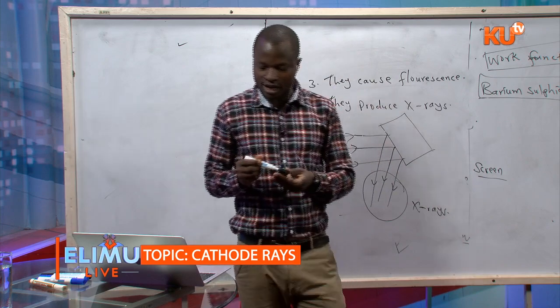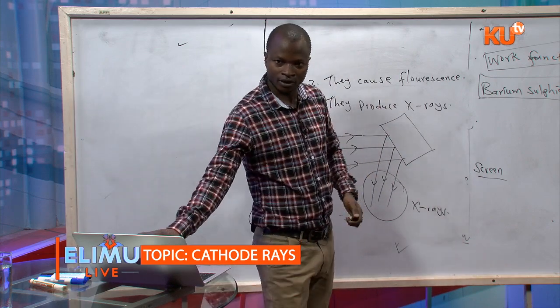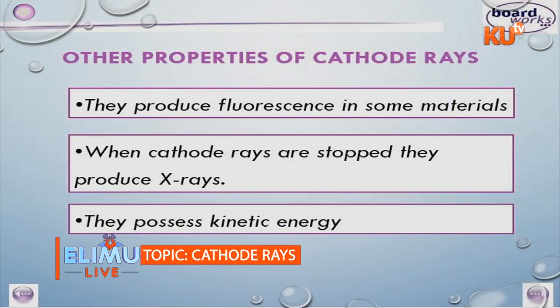And we have already said the last one, they possess kinetic energy. That means later on, as we shall be looking at the functions of the cathode ray oscilloscope, we shall calculate the energy of cathode rays.